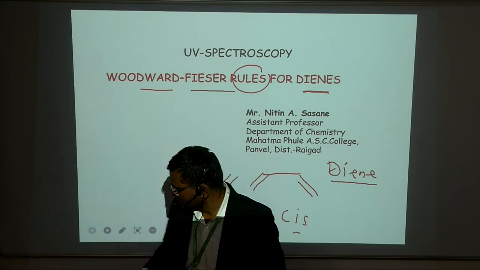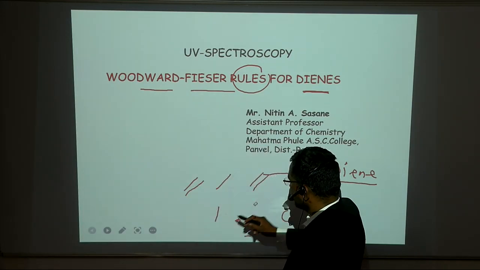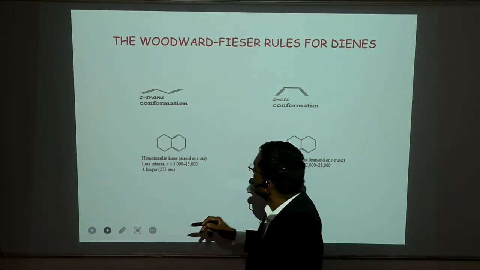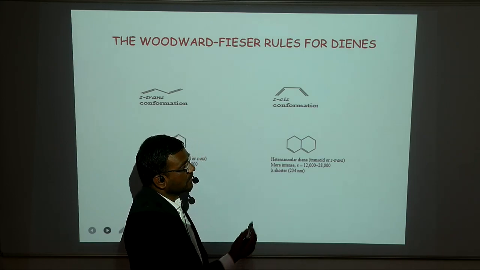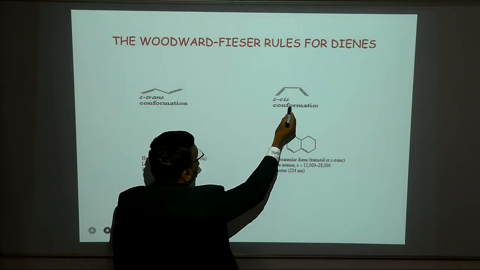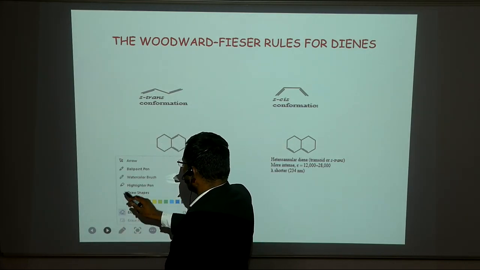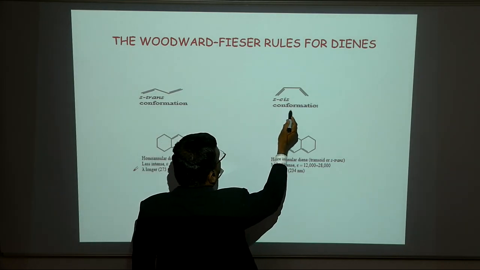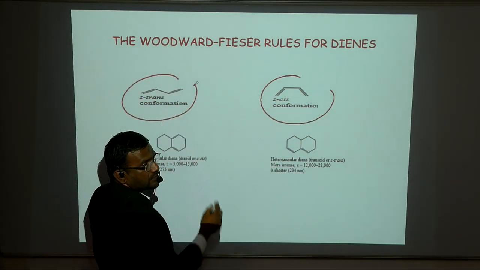Okay. Now next, as I said earlier, dienes are of two types. One is the cis conformation, and this is the cis diene, and another one is the trans conformation.